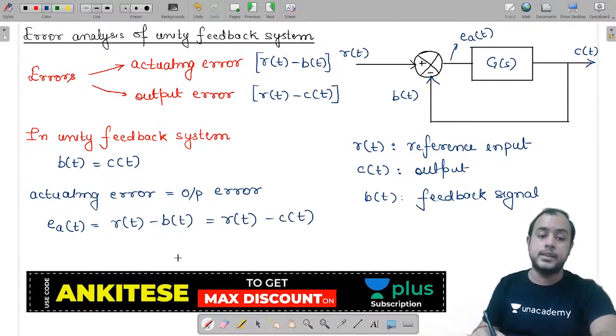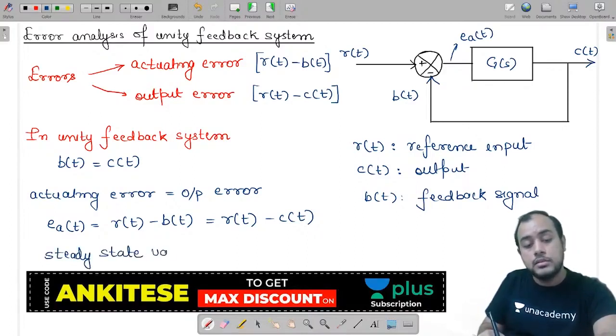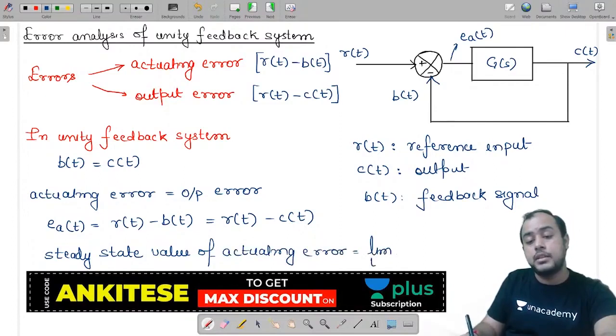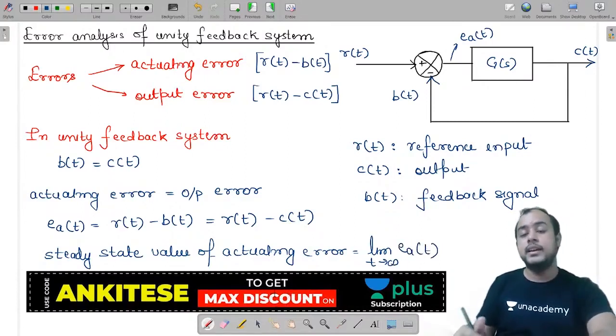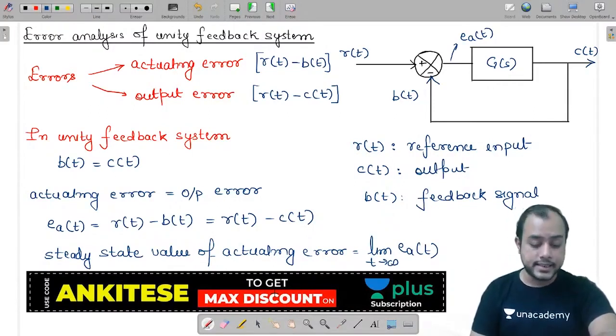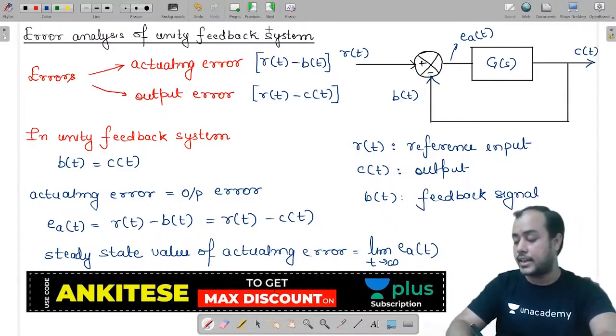Now the steady state value of actuating error is limit t tending to infinity e_a(t). That is, if you find the value of the error at infinite time, that is the steady state value of the actuating error.